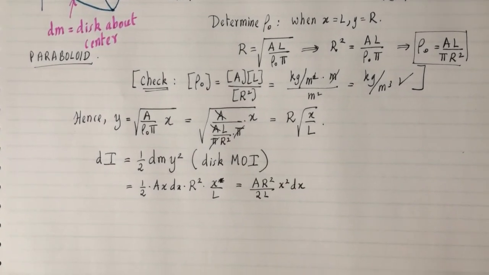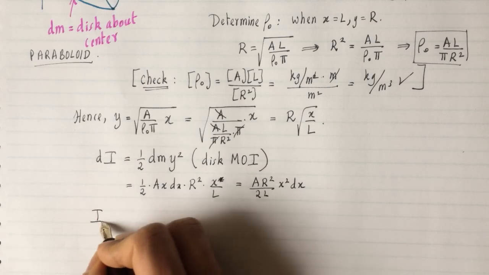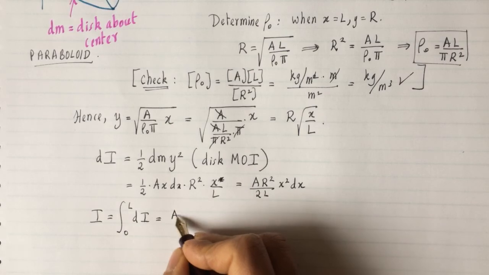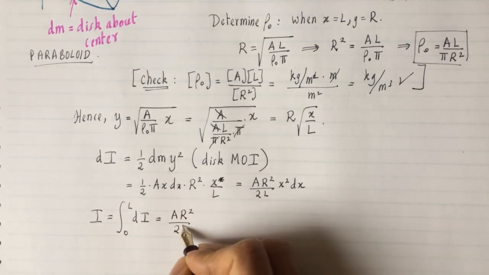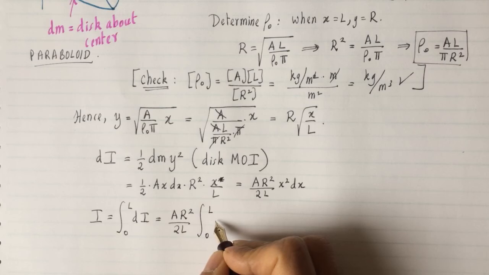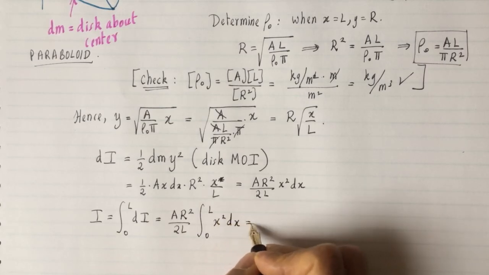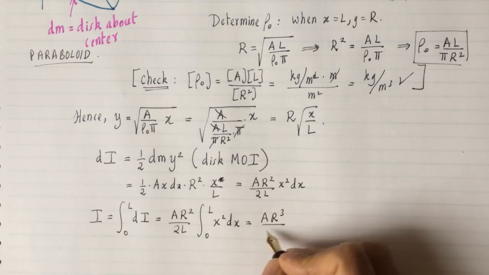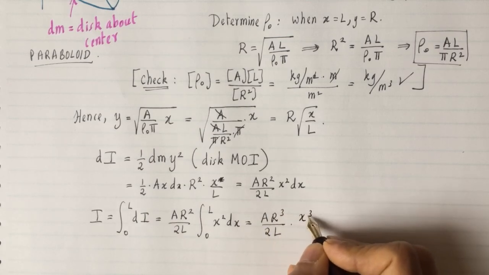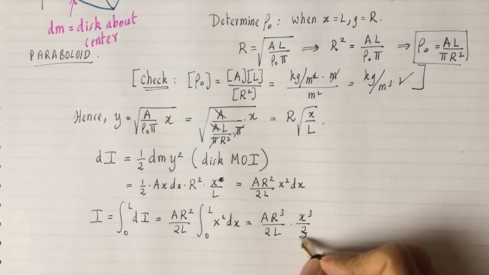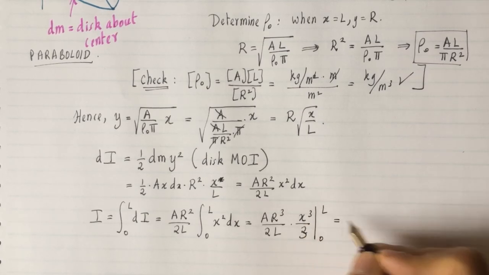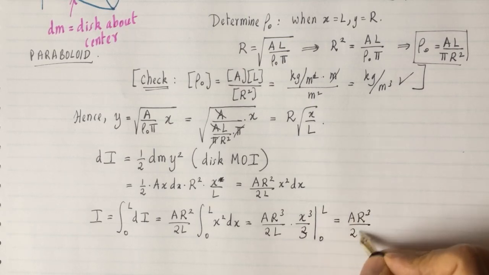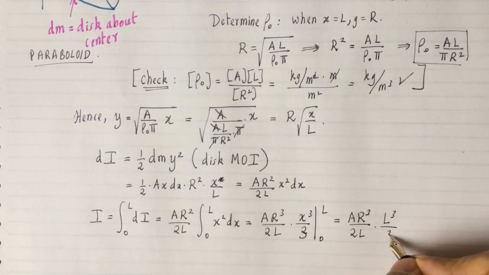Let us integrate. Integrating will give me the total moment of inertia I. All of these things in the front are constant, so I'll take them all outside, and then I get integral x squared dx, which is x cubed over 3, excuse me, from 0 to L, and that's a r squared over 2L, L cubed over 3.